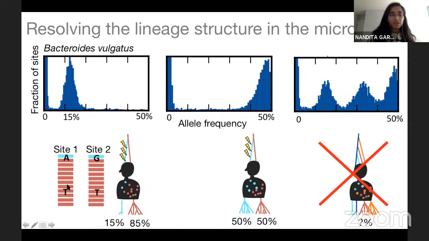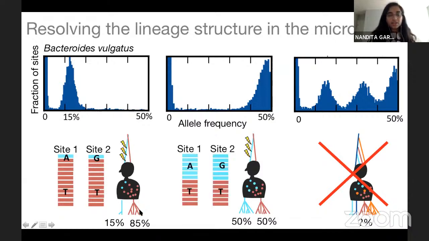This sample, though, is very easy to phase because you can actually assign the common allele to the common strain, as shown in the red reads and the red lineage here. But this sample happens to be more complicated because you can easily confuse the site that belongs to the red versus blue strain.